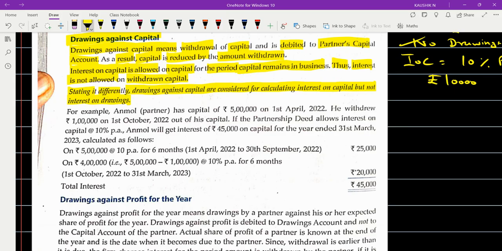So this particular concept, drawings against your capital, is being considered only for the calculation of your interest on capital and not for calculation of interest on drawings. True or false? What is your answer?